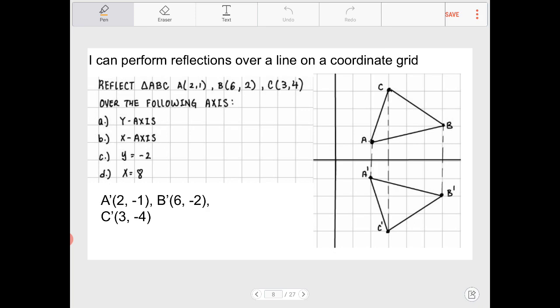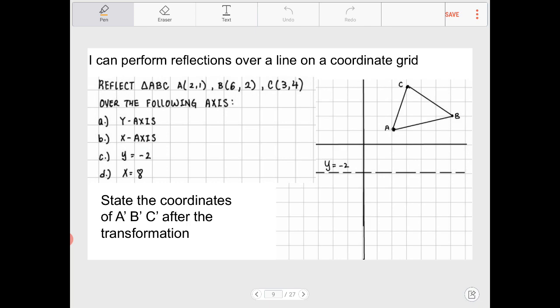Next, we're going to try and reflect it over y equals -2. So keep in mind, y equals -2, is this a vertical line or a horizontal line? If you're thinking that this is a horizontal line, then you're absolutely right. We're going to be reflecting that triangle over the line y equals -2. And again, it's the same process.